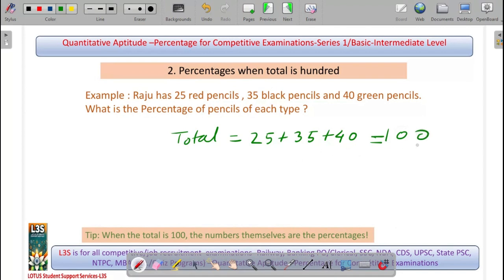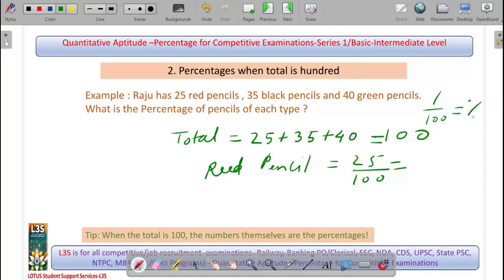So now we know the total is 100, and we can easily say what the red pencil percentage will be. The red pencil percentage will be 25 by 100. We do not need to convert anything. So 25 by 100, where 1 by 100 means percent, we can write 25%.